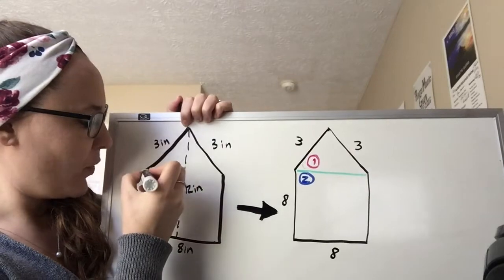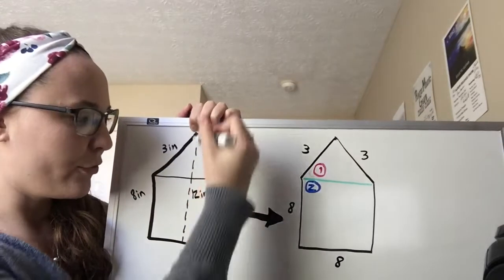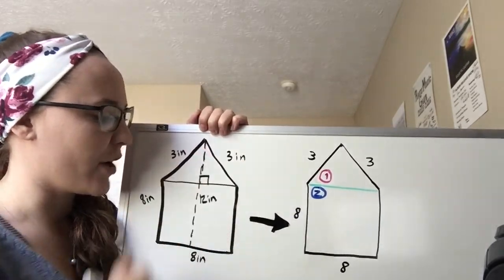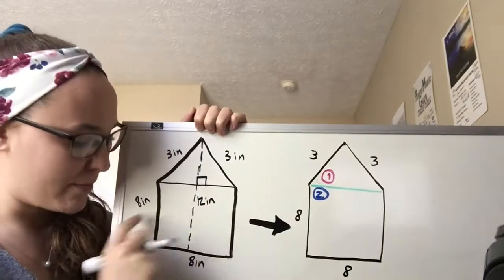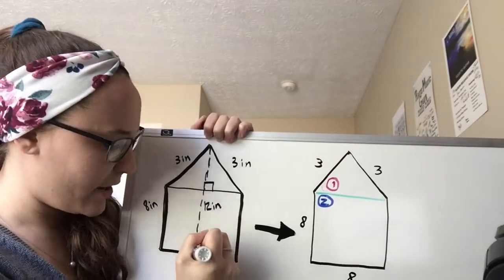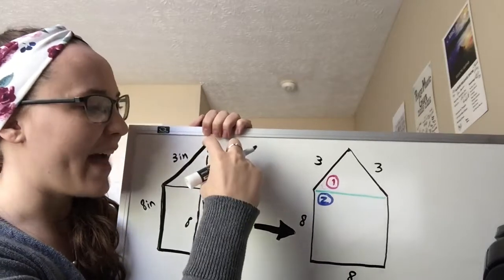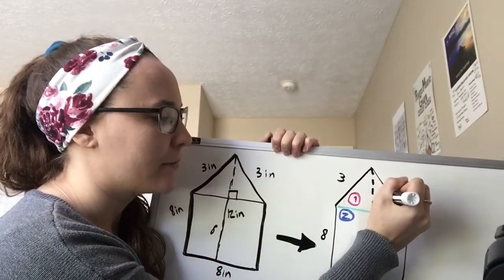So remember, we split our shape right here. So that 12 is going to help us determine this length or this height of our triangle. But 12 is not the height of our triangle, right? Because from here to here is 8. So if from here to here is 8 and this whole thing is 12, that would make the height of our triangle 4.